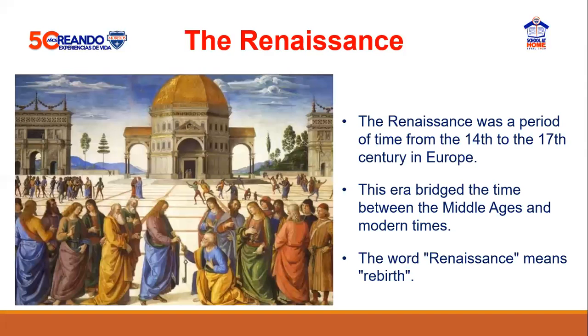And you can see here a painting that we have already mentioned with perspective. That is one of the main characteristics that we are going to see in the Renaissance. Before the Renaissance, the sense of perspective didn't exist. Okay, everything was two-dimensional.